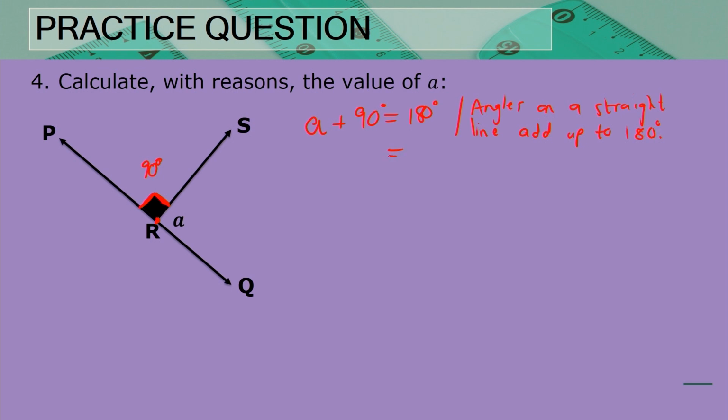So that means that our A is going to be 180 degrees minus 90 degrees. And why is that? Because we are applying the additive inverse of our 90. And when we say 180 degrees minus 90, that is going to leave us with just our 90 degrees. And that is how we have calculated our angles that were unknown using those properties of our angles.